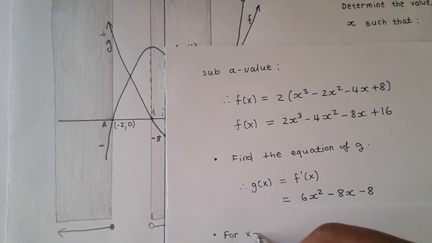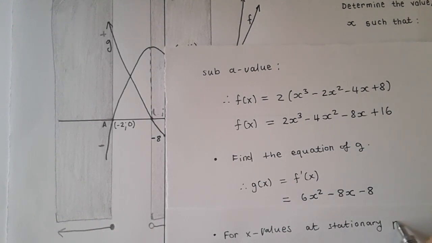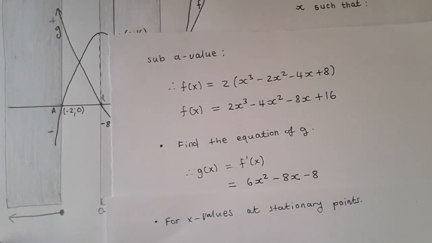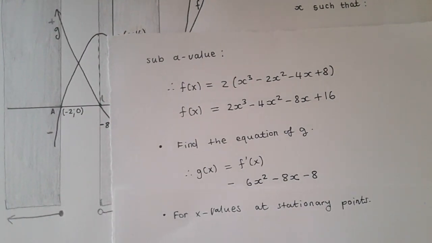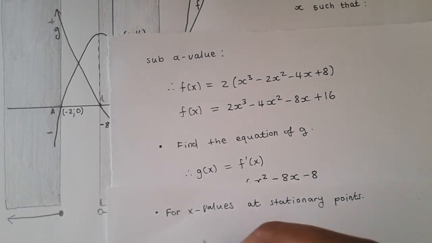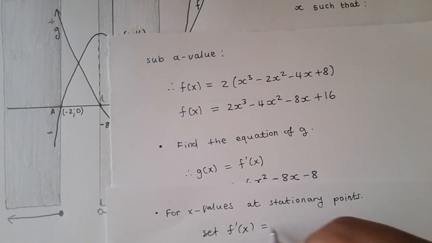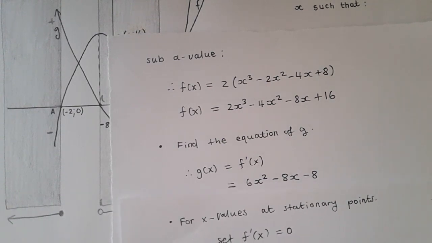for x values at stationary points, okay, we're going to set f prime of x equal to 0, okay?